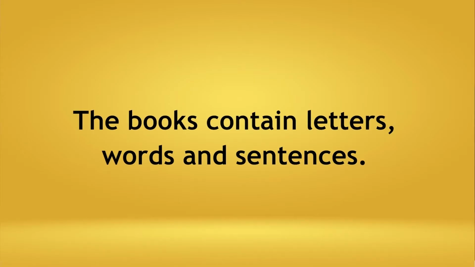First of all, you need to understand that concepts of print include an understanding that print carries meaning. The books contain letters, words and sentences. Children also start looking at, as I have already mentioned, that there is space between words.